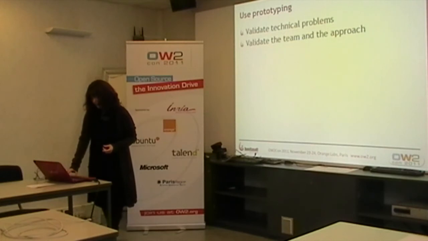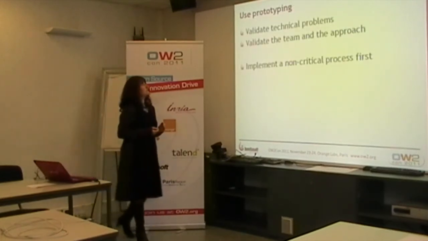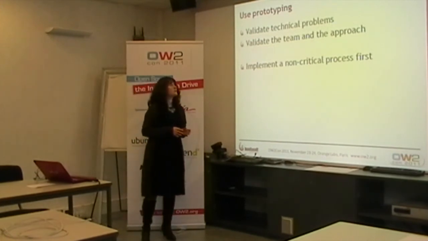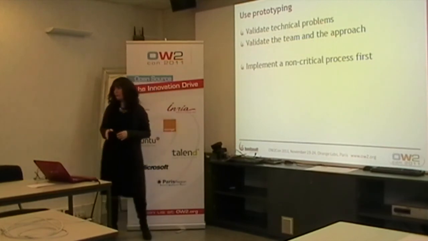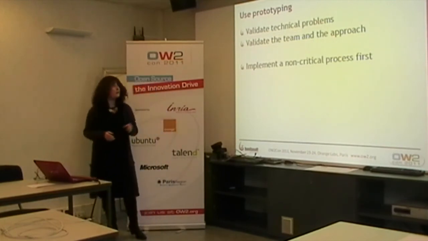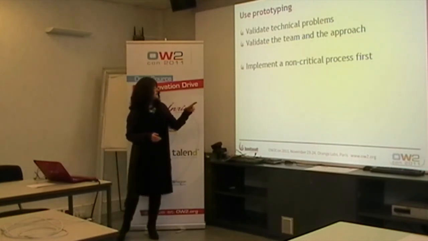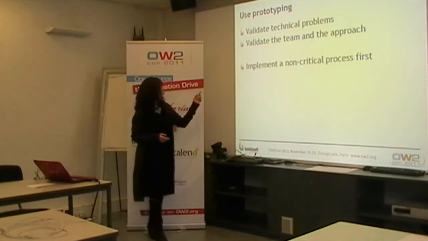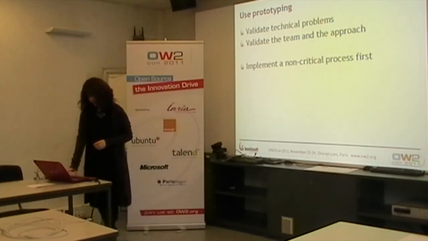Use prototyping, that is, validating different architectures and different options before defining what's the right one, what's the most efficient one, and ensuring that we can make kind of a drive test with a non-critical process first. So that's a different approach.